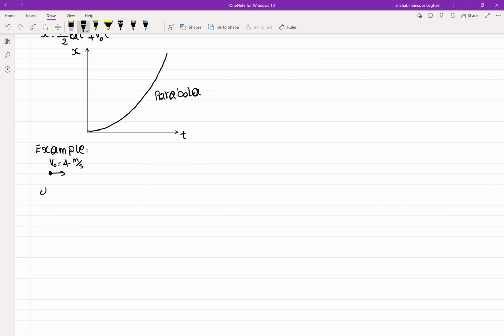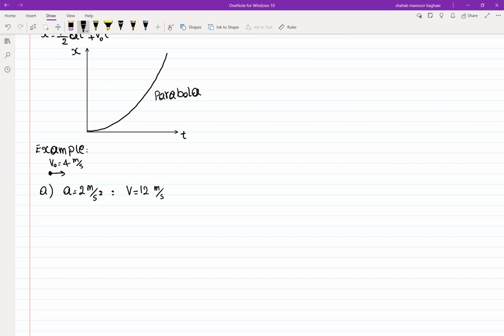If acceleration of this particle A is 2 meters per second square, what is the required time to reach a velocity of 12 meters per second?